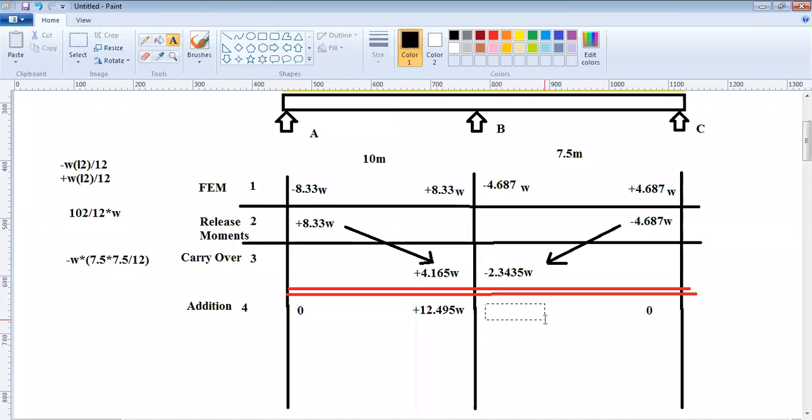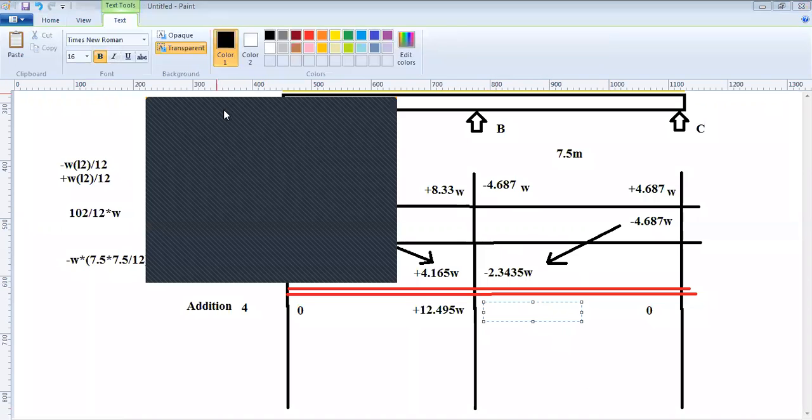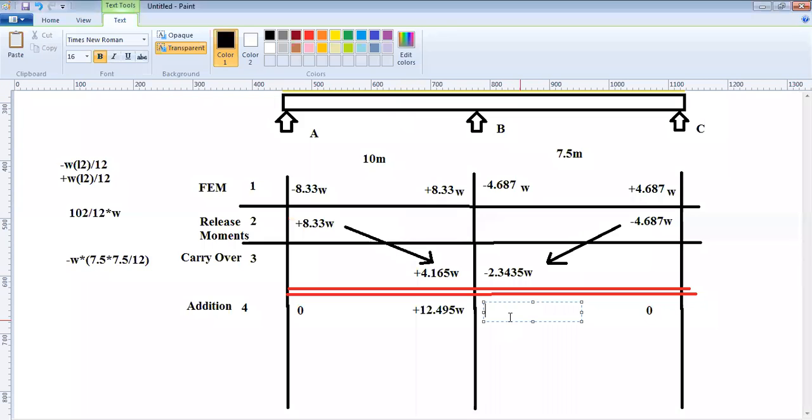What about the other end? It's 4.687 plus 2.3435. So that's 7.0305 W. But this is in minus.